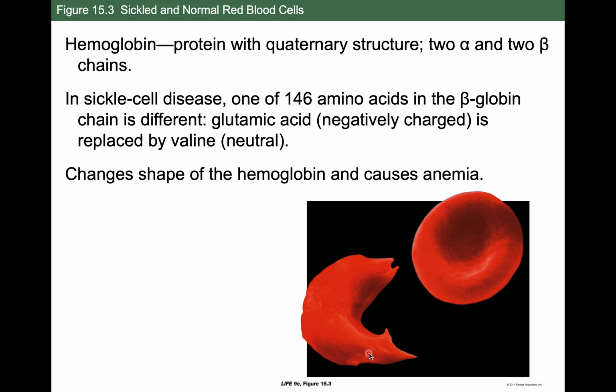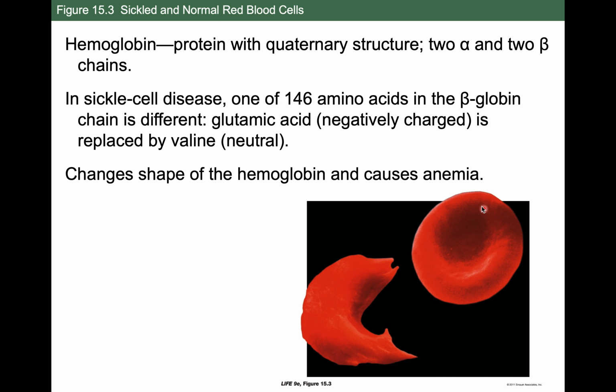So the classic example of a missense mutation causing disease in humans is sickle cell anemia, which is a missense mutation in the hemoglobin gene, beta globin in particular. You probably remember hemoglobin is the protein that makes up your red blood cells.